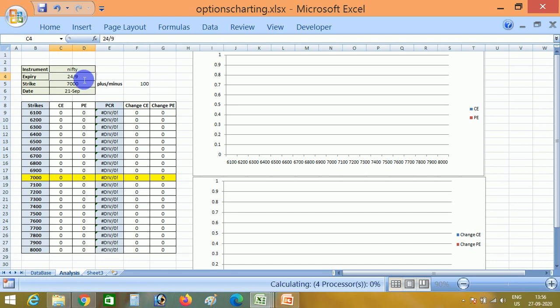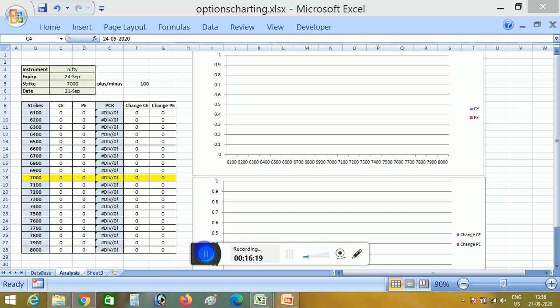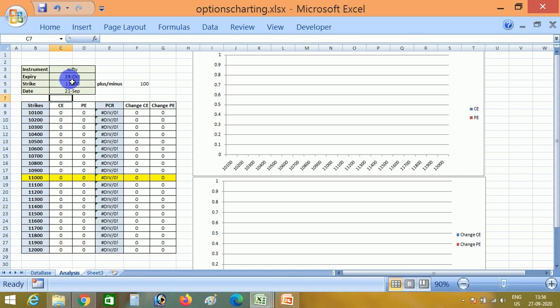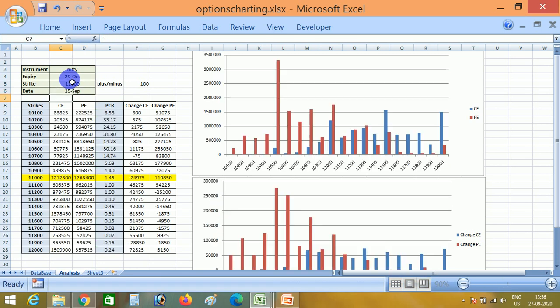Sorry, this is the expiry. Wait a moment. Yes, the expiry is 29th October. We are having data for 29th October, and we have taken Nifty. So we add 11,000 here, and this is the data for 25th.